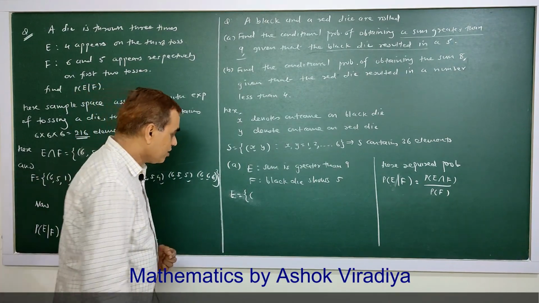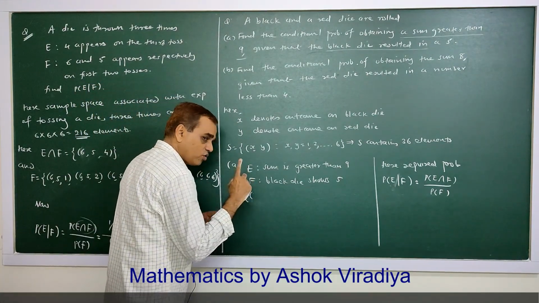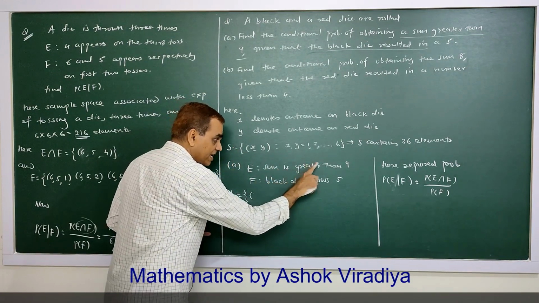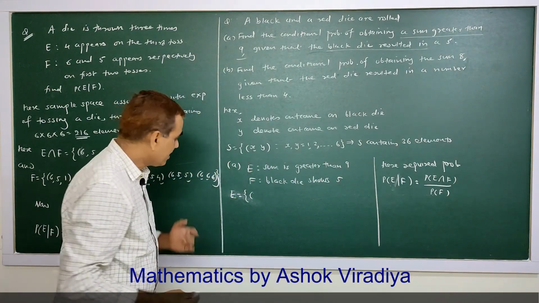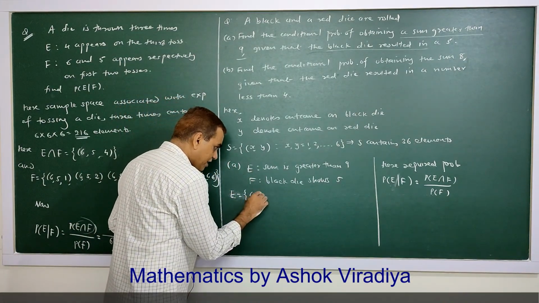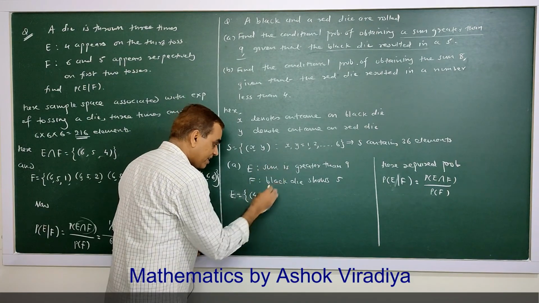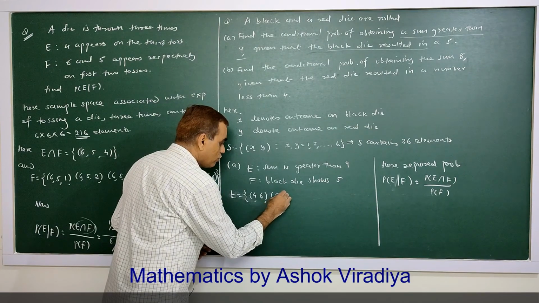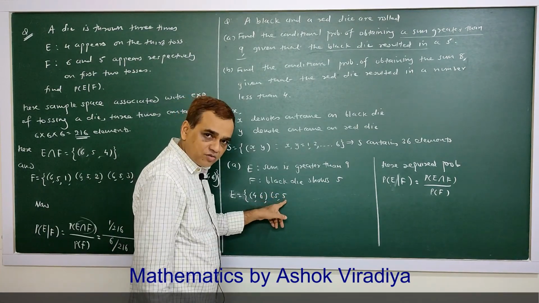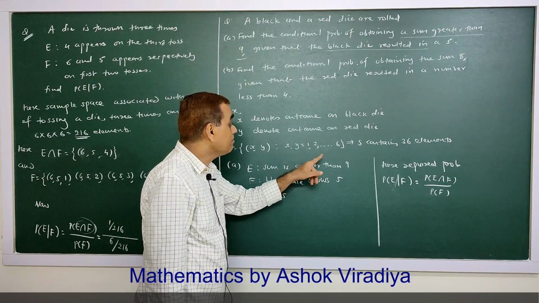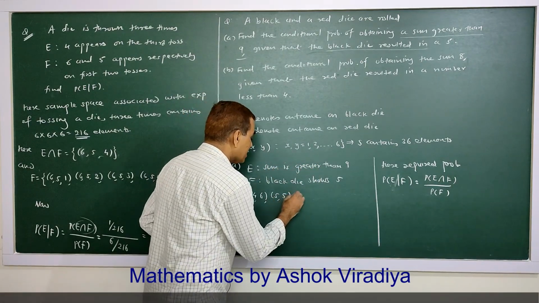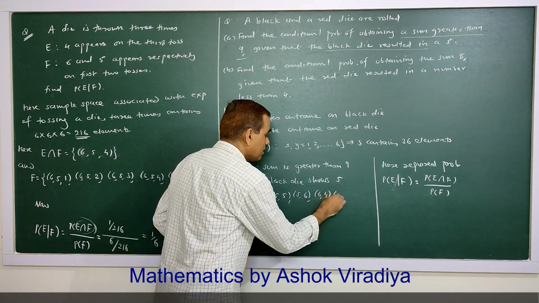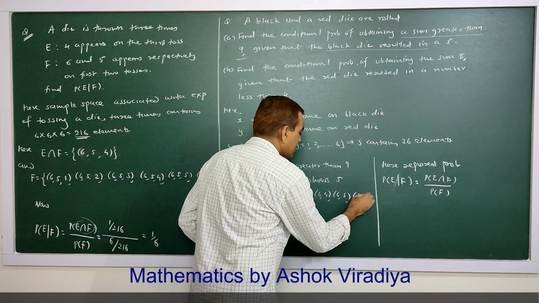Now take the line of 3,1 to 3,6: 3,6 has sum 9, but we want greater than 9, so don't take 3,6. Take 4,6, since 4,5 has sum 9. Then don't take 5,4, because we don't want equal to 9; we want more than 9, so 5,5 and 5,6. Then 6,4, 6,5, 6,6.